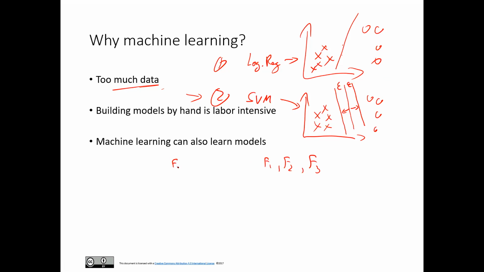Probably fuel consumption, so let's say it's F3. You say, if miles per gallon is less than 24, it goes in that direction, and if greater than 24, in the other. Now you start creating decision paths that ultimately allow you to arrive at some objective, like a class, the prediction for the car.